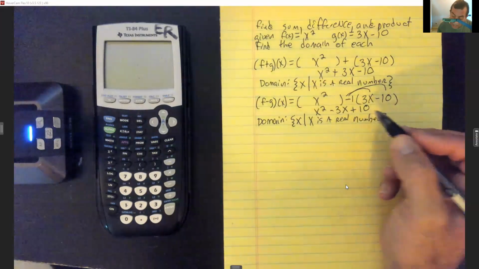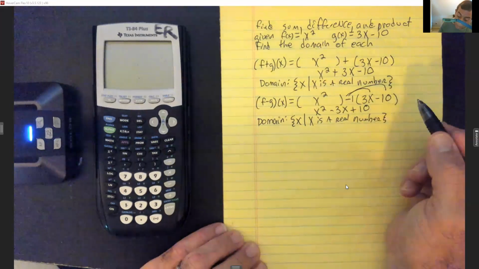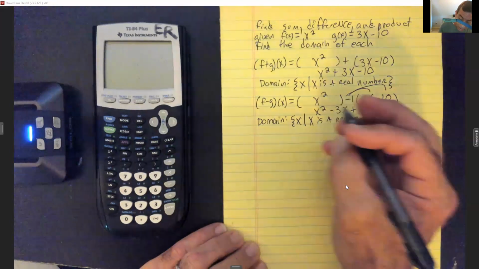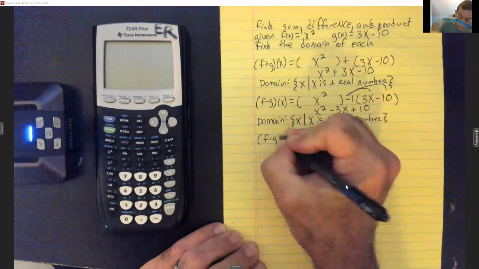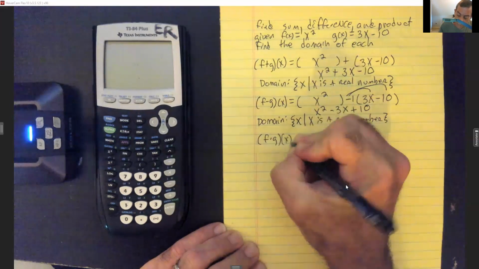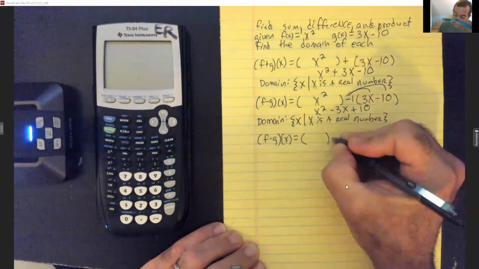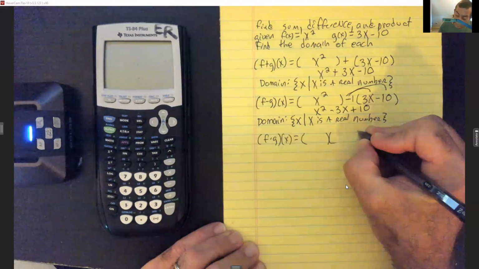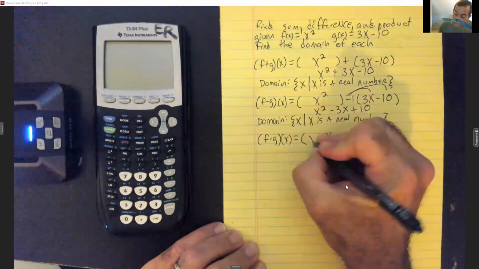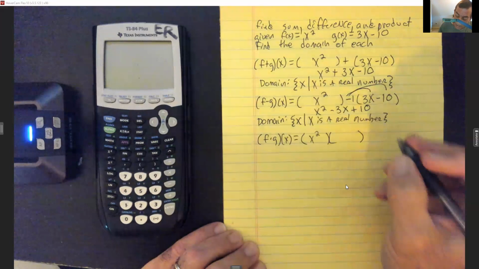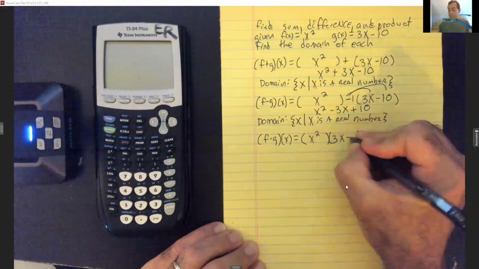And then the last one we had was what? F times g of x, which is the product. So f times g of x is going to equal my f of x times my g of x. F of x was x squared. G of x is 3x minus 10.